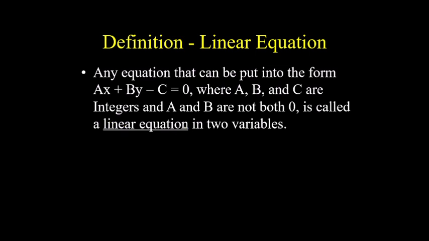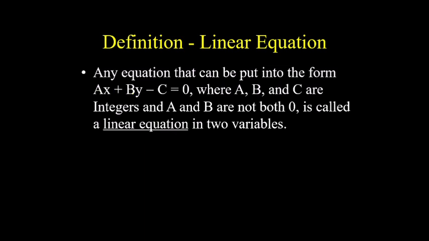What are the two variables it is talking about? It's the x and the y variable. Based on the statement, why are a and b considered to be not equal to 0?